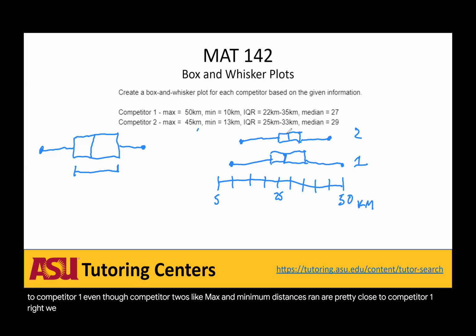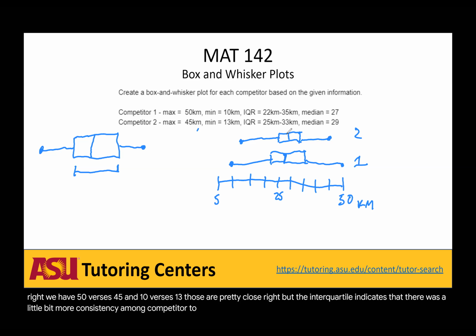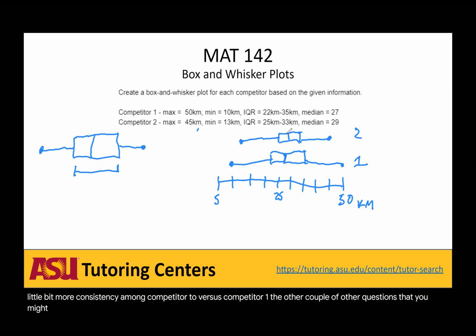We have 50 versus 45 and 10 versus 13. Those are pretty close, right? But the interquartile range itself is smaller, which indicates that there was a little bit more consistency among competitor 2 versus competitor 1.